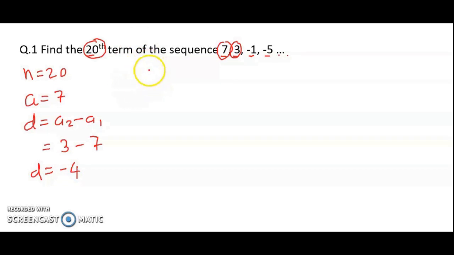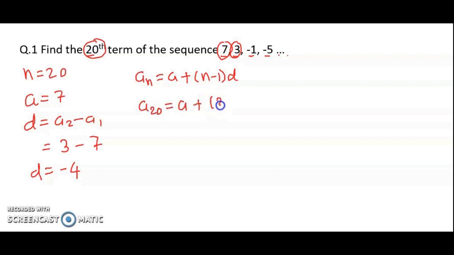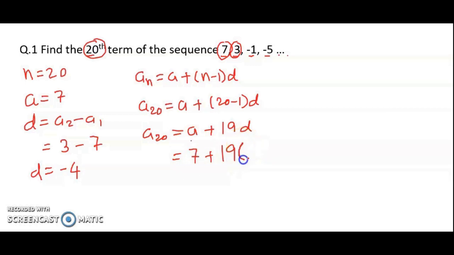Now we can use the formula here. Formula is an equals a plus (n minus 1)d. We have to find the 20th term, so we put a20 equals a plus (20 minus 1)d, that is equal to a plus 19d. Here a is 7 plus 19 multiplied by d, and d is minus 4.